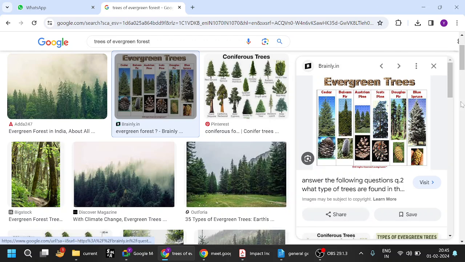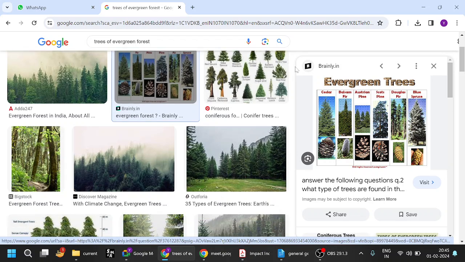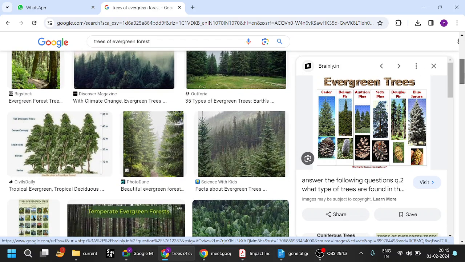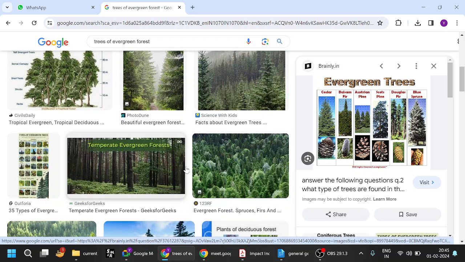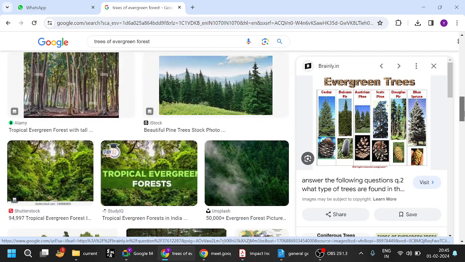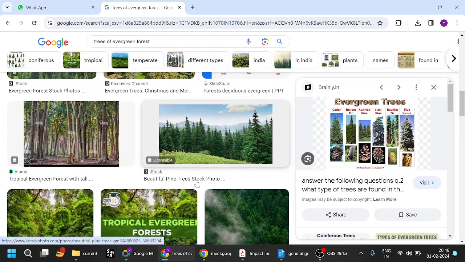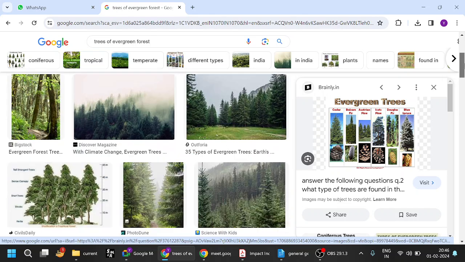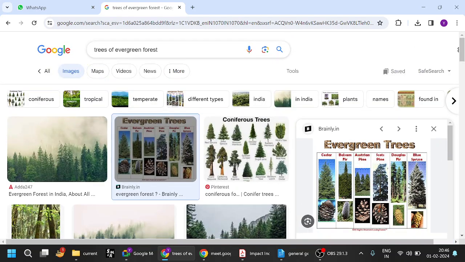These are not very good examples actually. These are coniferous trees, and the evergreen trees are like this. You can see very thick vegetation, very dense forests. These are tropical evergreen forests, huge thick forests. These are pine trees, pine forest, coniferous, etc. Trees of evergreen forest examples.